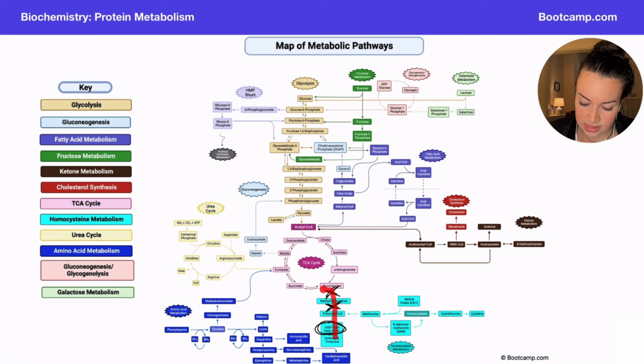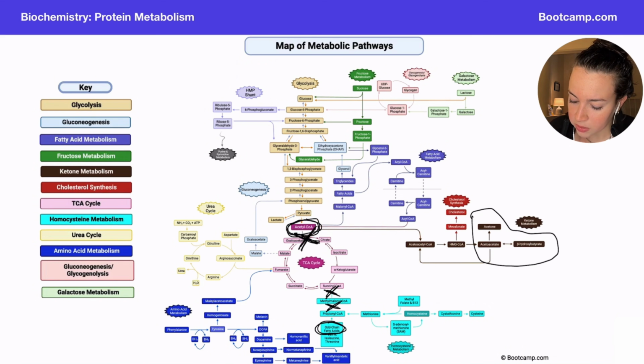They could join the TCA cycle and they could run up the gluconeogenesis pathway. But now we've blocked that up and we've decreased our metabolism of odd-chain fatty acids, and we're also decreasing our TCA cycle intermediates, right? We're missing that source of succinyl-CoA from upstream. And so by and large, this shuts down the TCA cycle kind of altogether. Like we've discussed in other videos, when the TCA cycle is shut down for one reason or another, acetyl-CoA will shunt over to ketone metabolism and start to make keto acids.